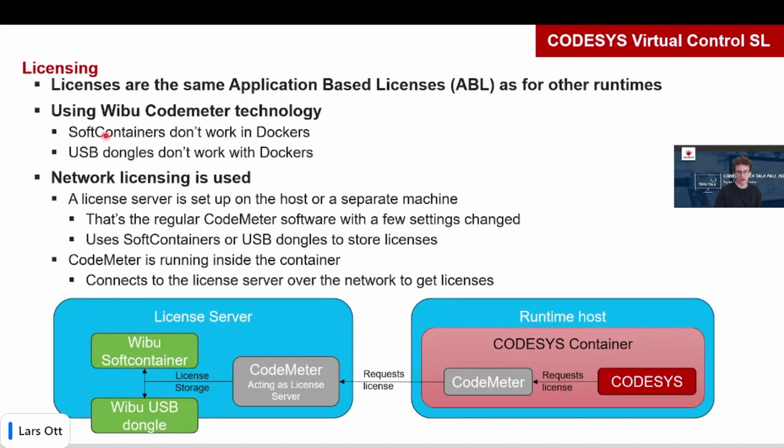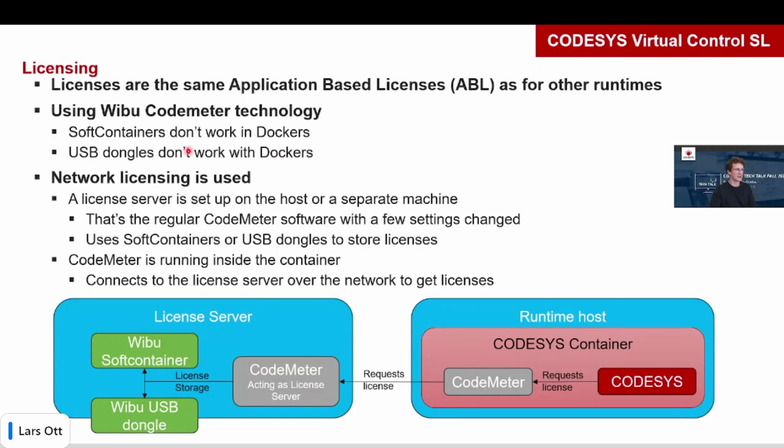That's because the soft container works in the file system, and the Docker container file system, like I said, is very transient, and it also relies on hardware identifiers to bind that container to the hardware, and Docker removes all of them. So soft containers inside of Docker don't work. Similarly, Docker doesn't really like mapping USB devices into a container, so you can't do that either.